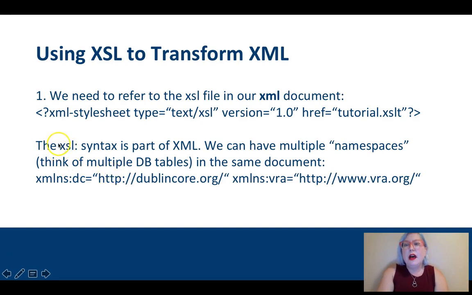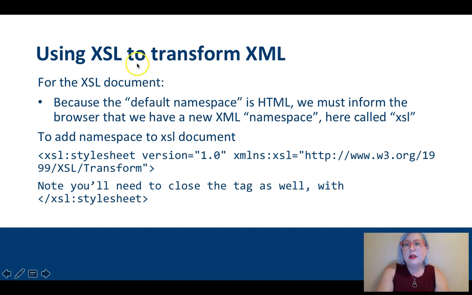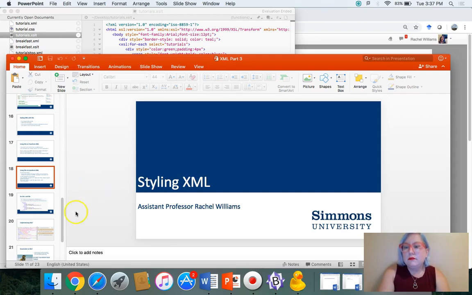You also have the XSL: syntax, which is part of XML, and the other thing to note is that you might refer to many different namespaces in the same document, so just be aware of that. When we're using XSL, we have a separate XSL document, right? And so to do that, you would need to add a new XML namespace. In this case, we're calling it the XSL style sheet, right?